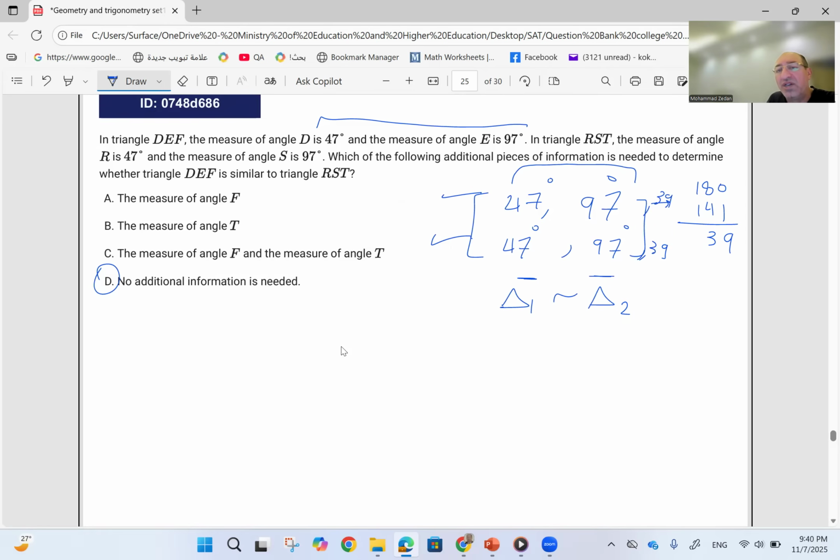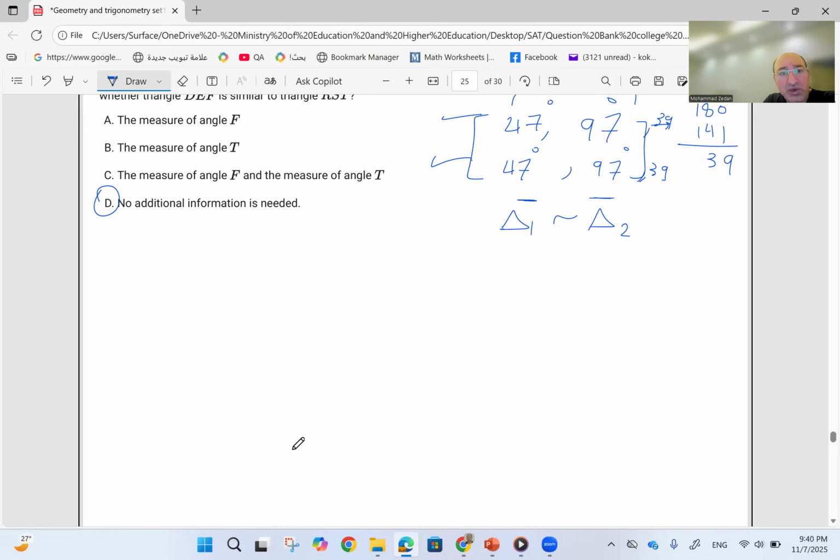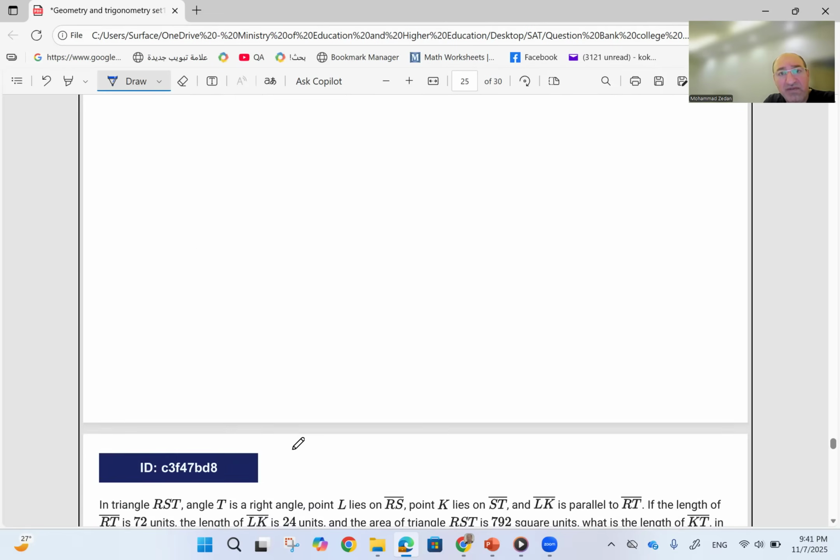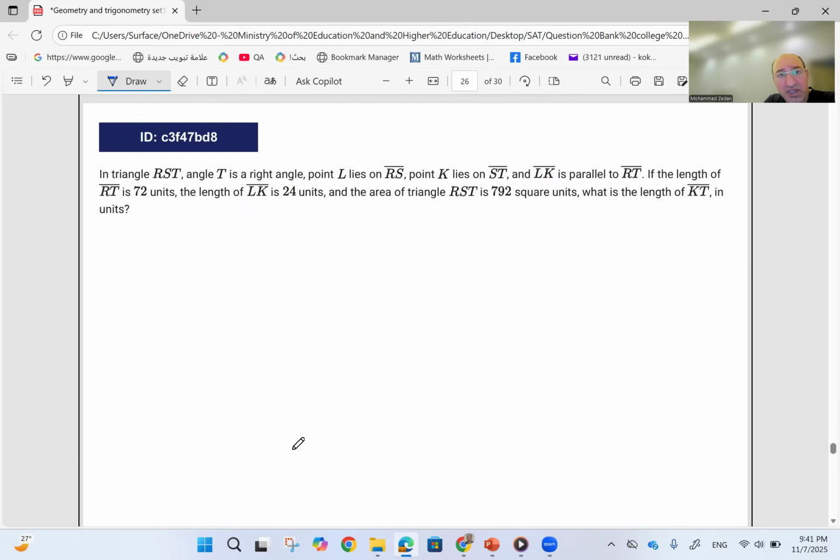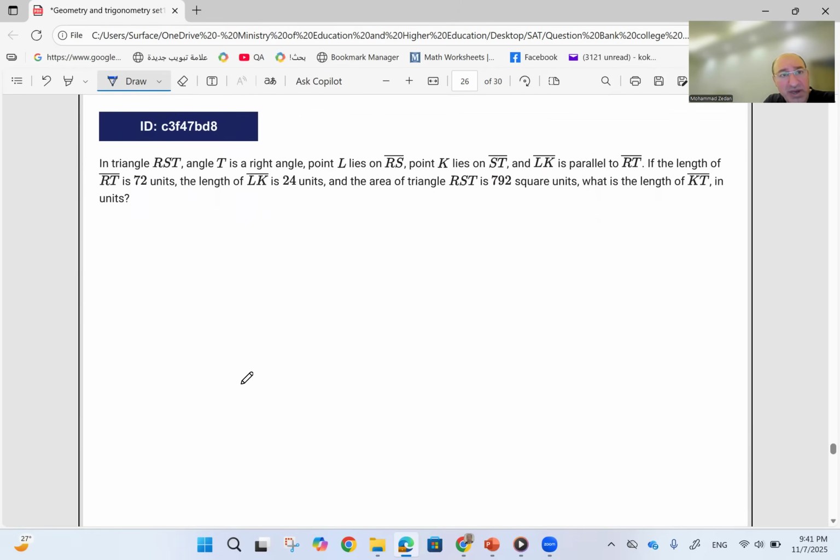So all corresponding angles are congruent, and no additional angles are needed because we already have the AA postulate.